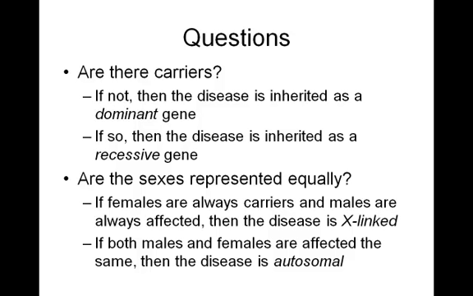They have one good X chromosome and one bad. Males, on the other hand, can't be carriers because they have a bad X chromosome and a Y chromosome that doesn't help one way or the other, so they're always affected by X-linked or sex-linked diseases.